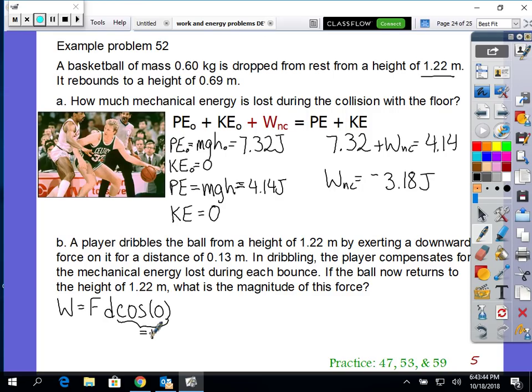So if we want to know the force, it's just the work. This is the non-conservative, it's the only one we're talking about in this particular problem, divided by the distance. So it's positive 3.18 joules divided by 0.13 meters, which gives us a force of 24.5 newtons.